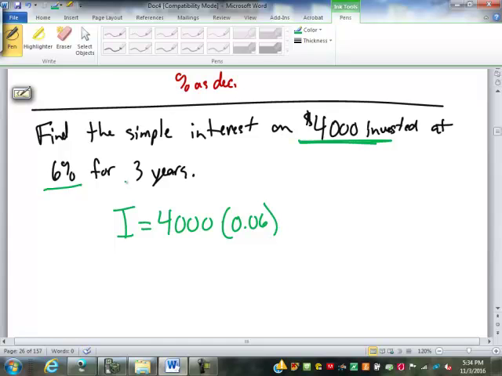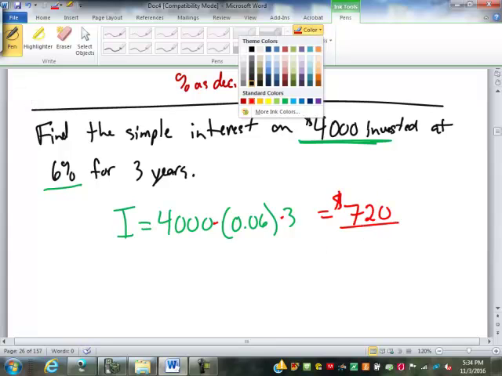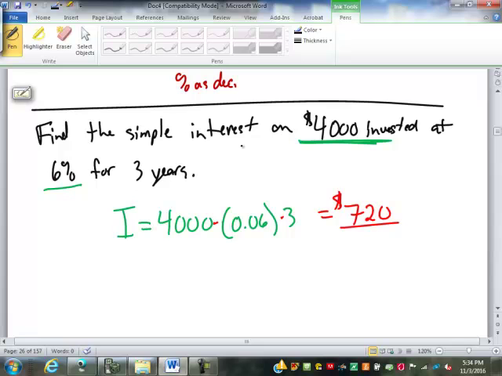And my time is 3 years, so just times 3. So we multiply those out, we are going to get what? $720? Perfect. So that's the simple interest on $4,000 for 3 years at 6%.